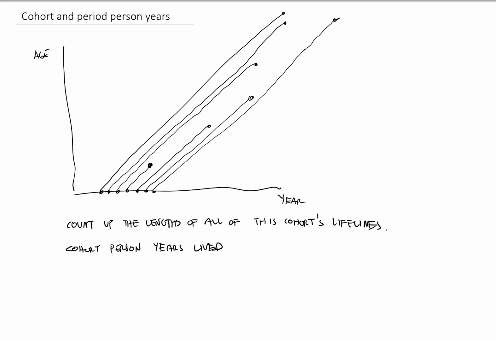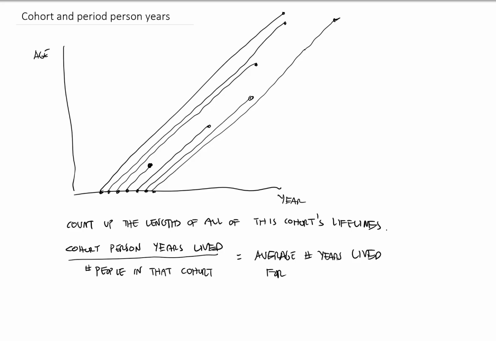We know how many were born. So if we take the cohort person years lived and divide that by the number of people in the cohort, that will be the average number of years lived for that cohort.